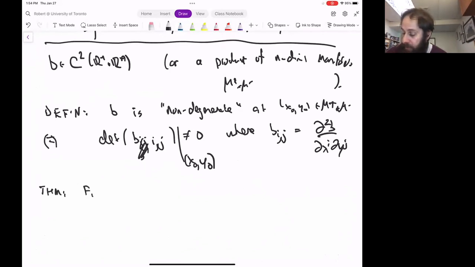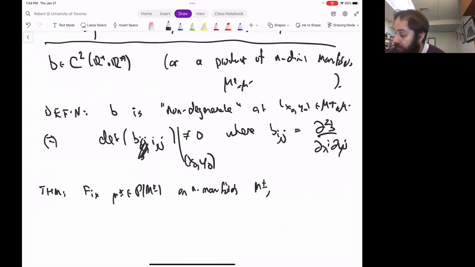So if I fix probability measures mu and nu on n-dimensional manifolds, M plus and M minus, and B non-degenerate at X naught, Y naught. And then what's the conclusion?